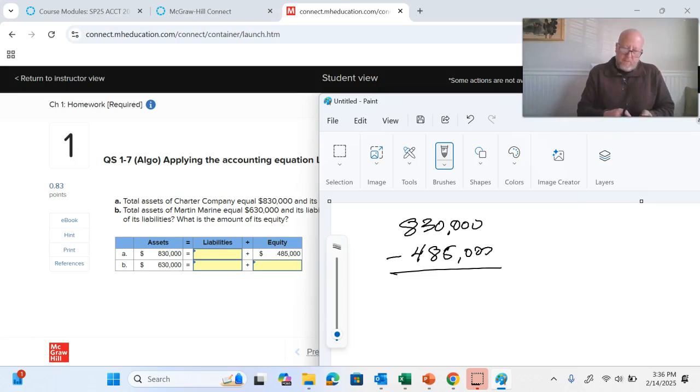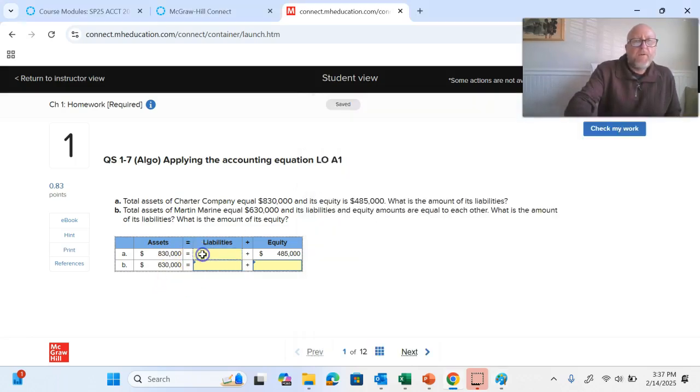But just to be clear, 830 minus 485, that's going to be 345,000. So I would just literally type in 345,000 right here. And then I could do the same thing for B, right?